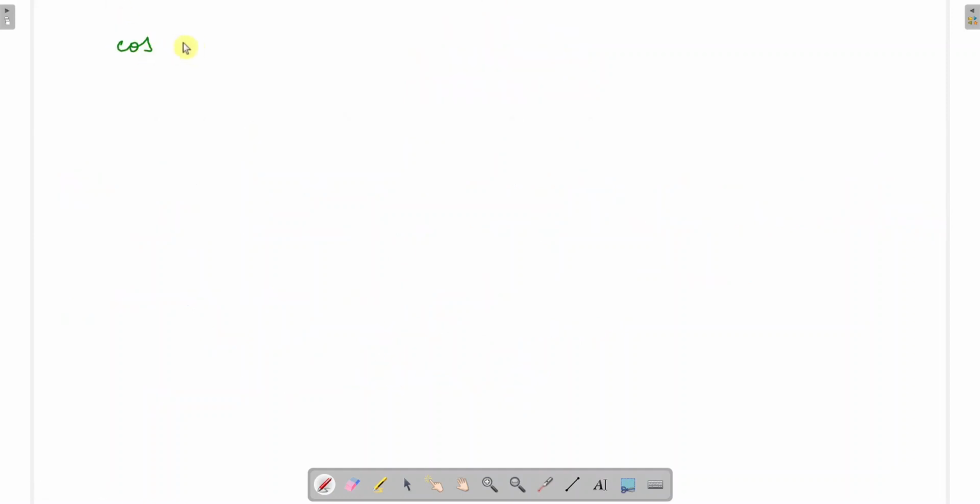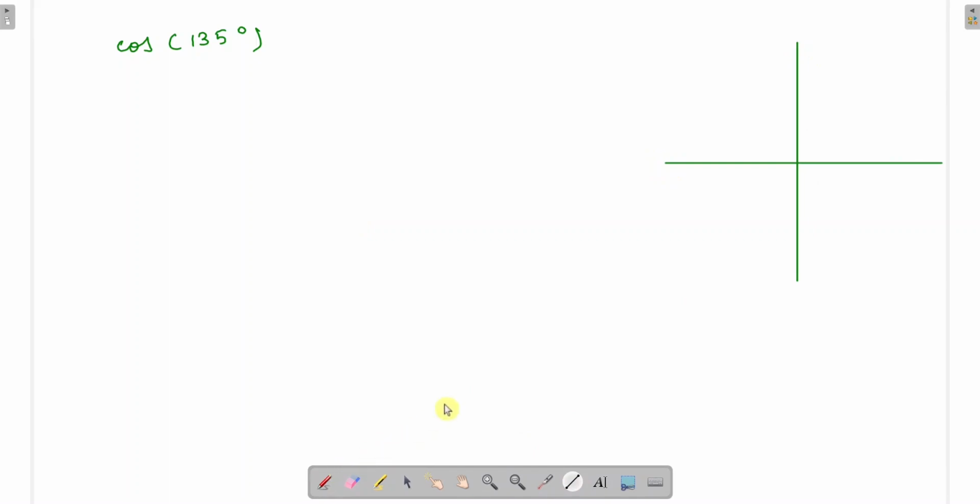So cos 135 degree. So for this we will use the all silver teacup concept. So this is the y axis, this is the x axis, this is origin.